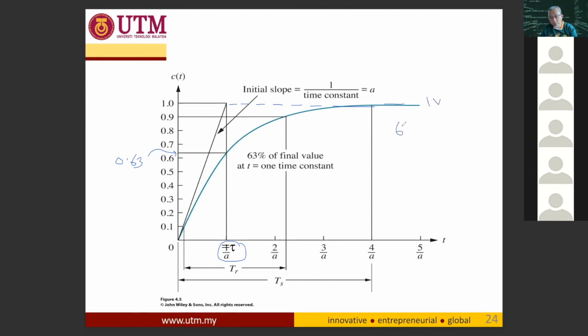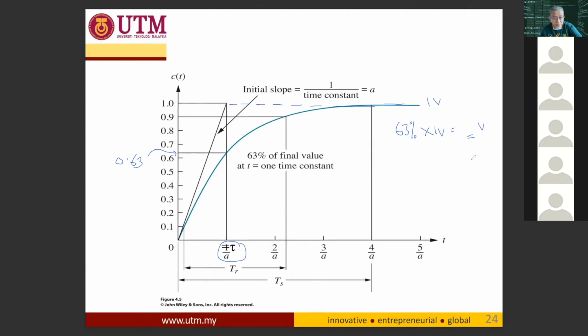So 63% multiplied by 1 volt, what do you get? Syuhada. 63% multiplied by 1 volt, how many volts do you get? Syuhada? Tak datang. Aisyah Soleha?